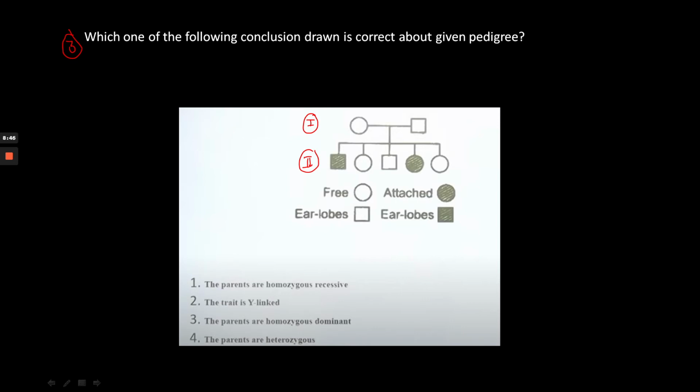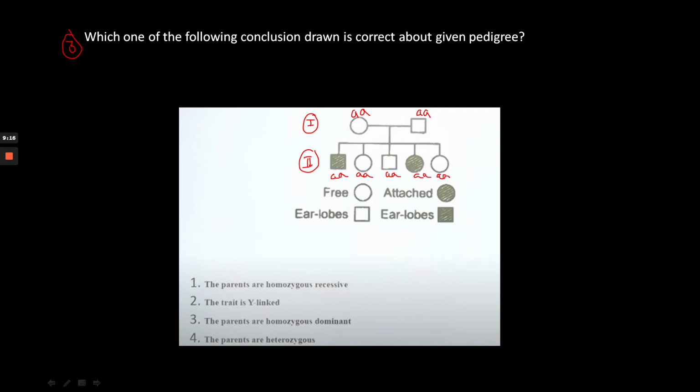So let us just mark these parents as homozygous recessive. If both the parents are homozygous recessive, then every child will be having only this allele, because there is no dominant allele present, so there is no chance these children are going to get dominant allele. But having homozygous recessive condition is not showing any disease.